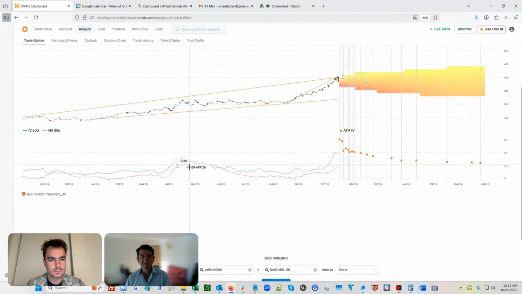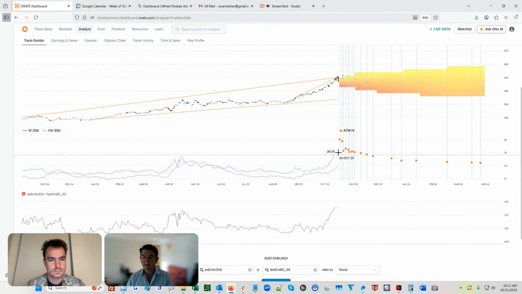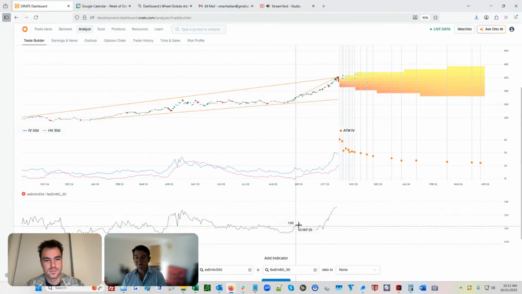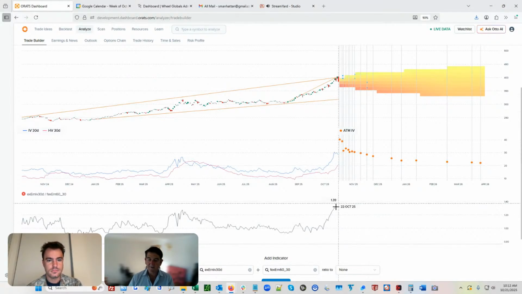In gold, you can see that the blue line here, the volatility, has come up quite a bit. And what has also come up substantially is this relationship. So, if you're just scalping this line, how well did this do?